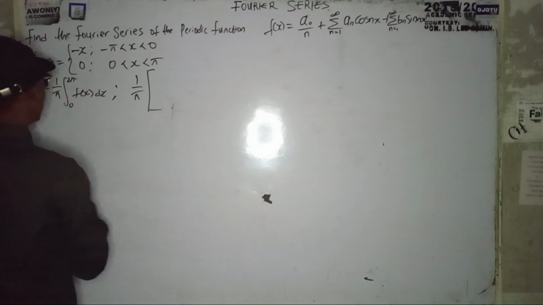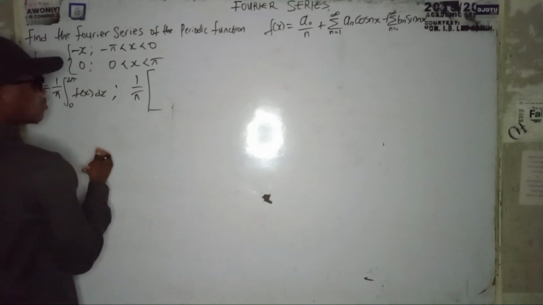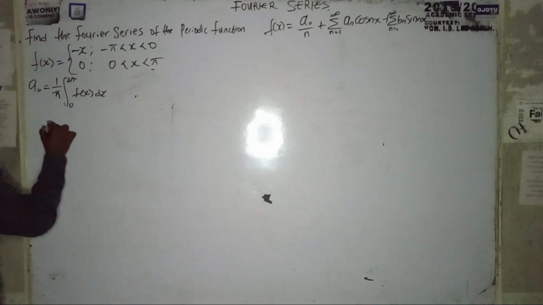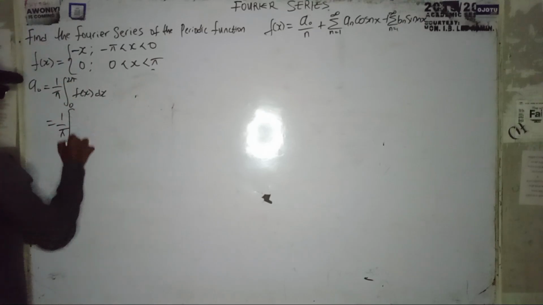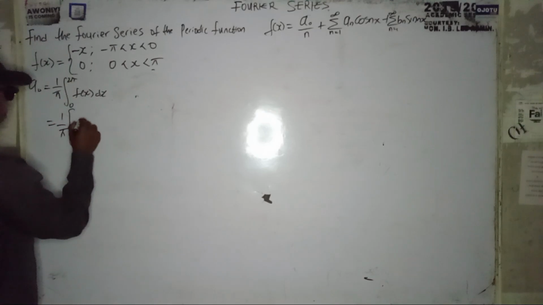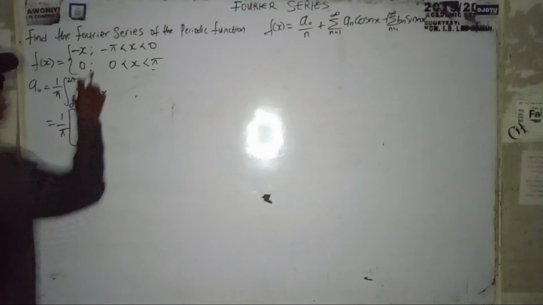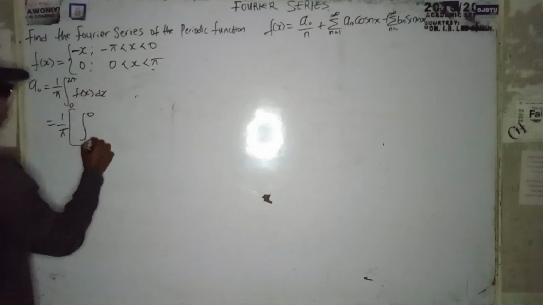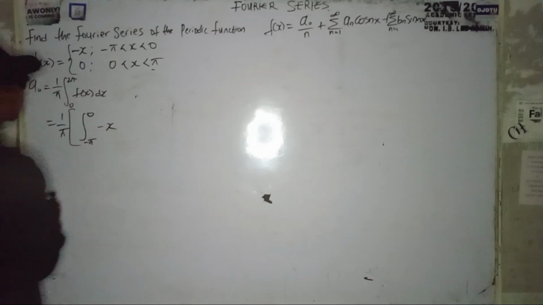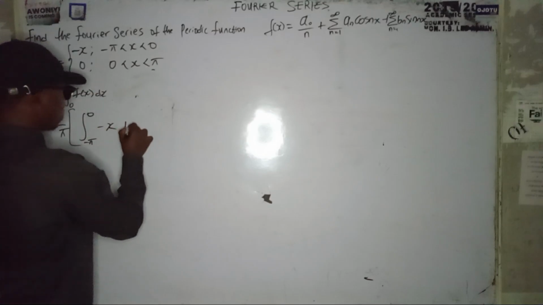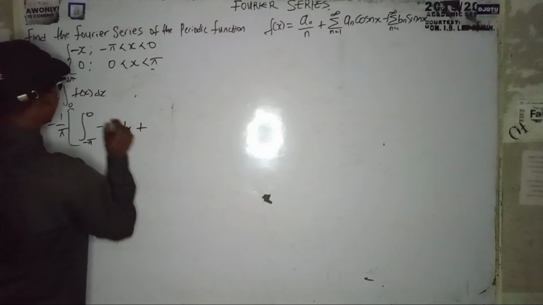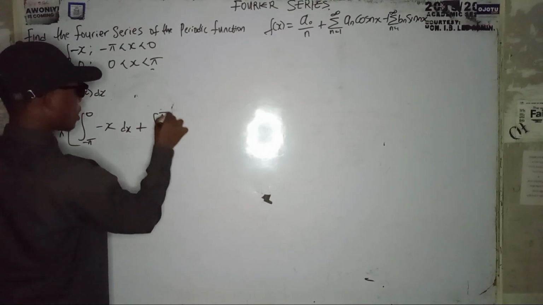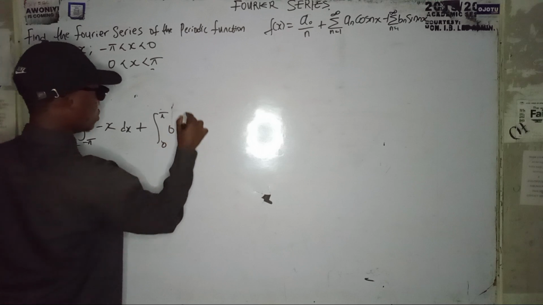The first one is the integral from minus pi to 0 of minus x dx, plus the integral from 0 to pi of 0 dx.